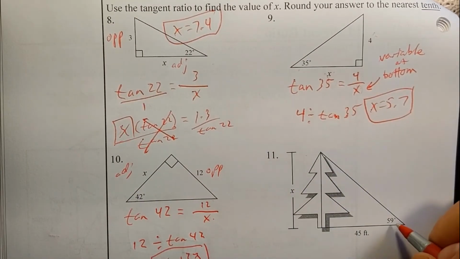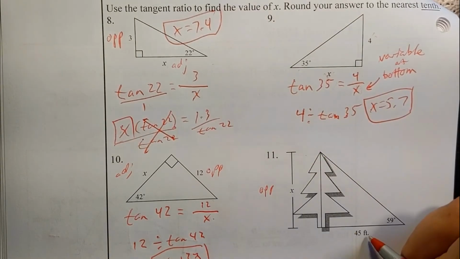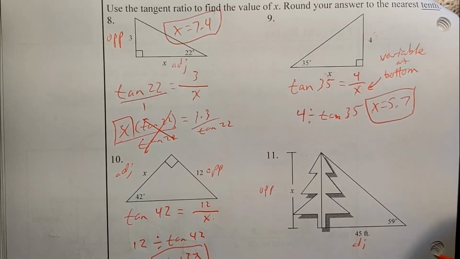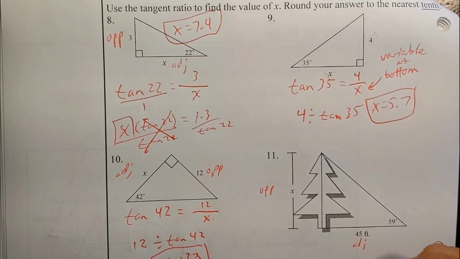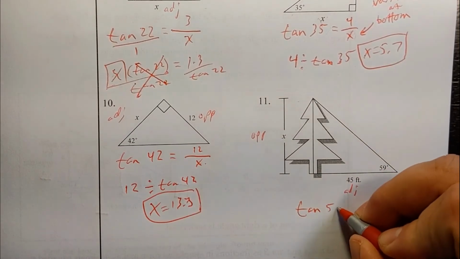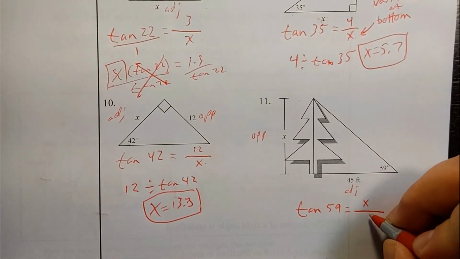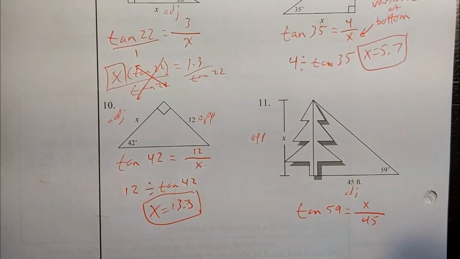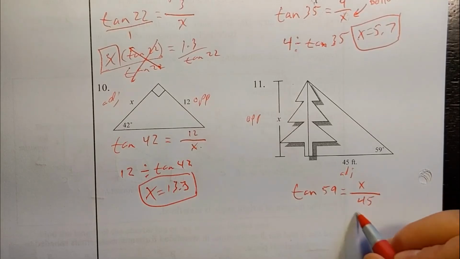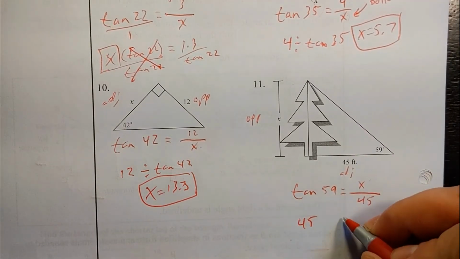On number 11, from this angle over here, x is your opposite, and 45 is your adjacent. So opposite and adjacent is why we're using tangent. And then after that, the angle goes next to it, an equal sign, a fraction, opposite on top, adjacent down to the bottom. Now watch how this one's a little bit different. We still put the number from the fraction on top. We're still gonna put the trig function at the end.